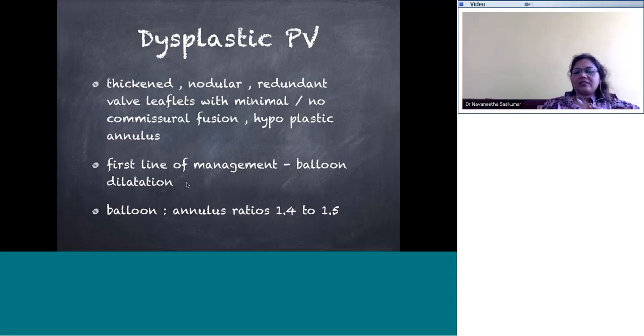Even in dysplastic valves, the first line of management is still balloon dilatation, and the recommended balloon to annulus ratios for dilatation in dysplastic pulmonary valves are more than those in the typical doming thin valvular pulmonary stenosis. The ratios recommended are up to 1.4 to 1.5.